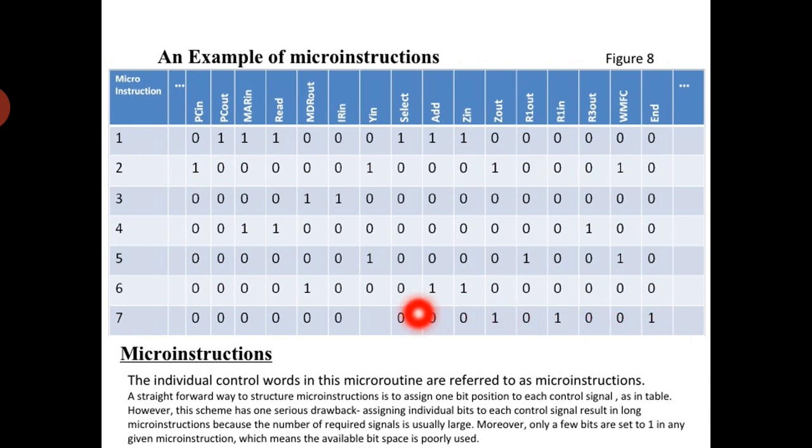And the remaining control signals will be 0. Here Y in is also 0. So except Z out, R1 in and end, all the remaining are 0. So this is the code word. Code word is a word whose individual bits represent the various control signals.